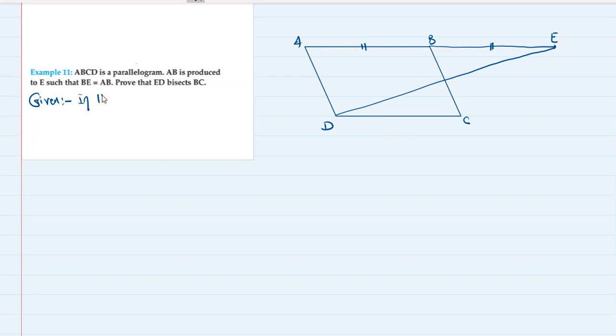In parallelogram ABCD, AB is equal to BE, and we have to prove that ED bisects BC, that is, OB is equal to OC.